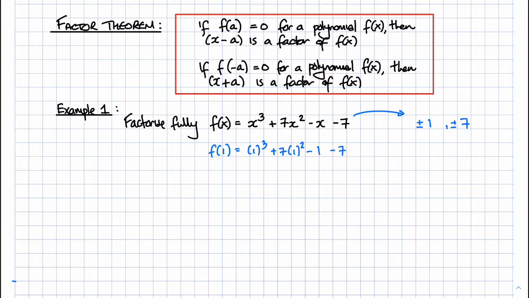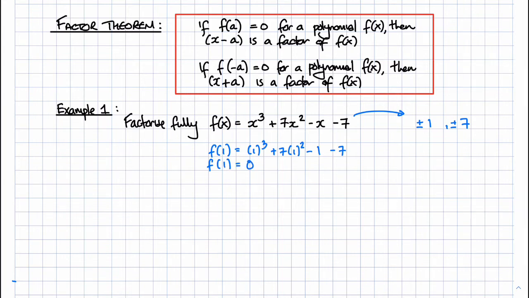And all we now need to do is to evaluate this result. Well, 1 cubed is 1. 1 squared times 7 is 7, so 7 plus the 1 is 8. 8 minus 1 is 7, and 7 minus 7 is equal to 0. So we can say f of 1 is equal to 0.